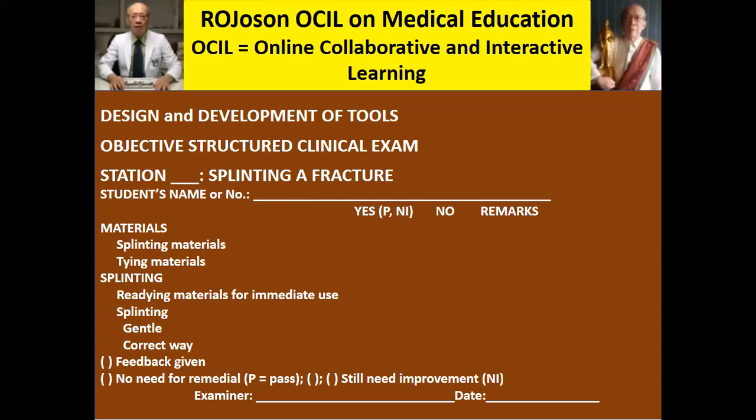As to the evaluation, you have the name of the student, and then here is the rating scale: pass or needs improvement, and remarks. Then materials needed: splinting materials and tying materials, whether they are properly ordered; how the students ready the materials for immediate use; and how the students make the splint, whether it is gentle and in the correct way.